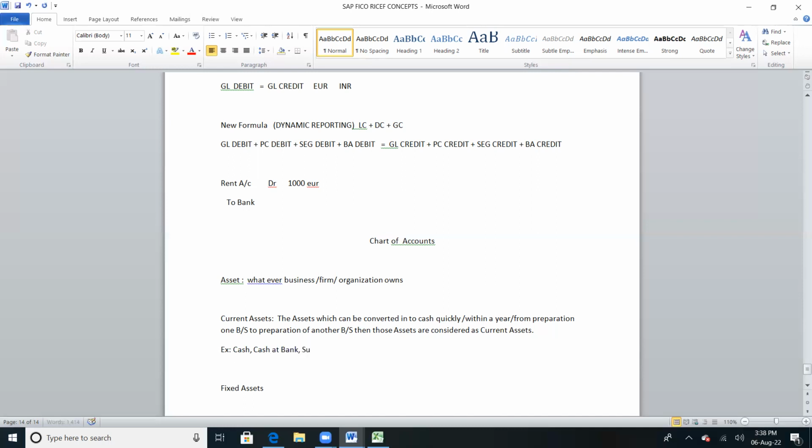Next one, sundry debtors. Next one, bills receivable. Next one, prepaid expenses. Next one, accrued incomes, nothing but incomes to be received.